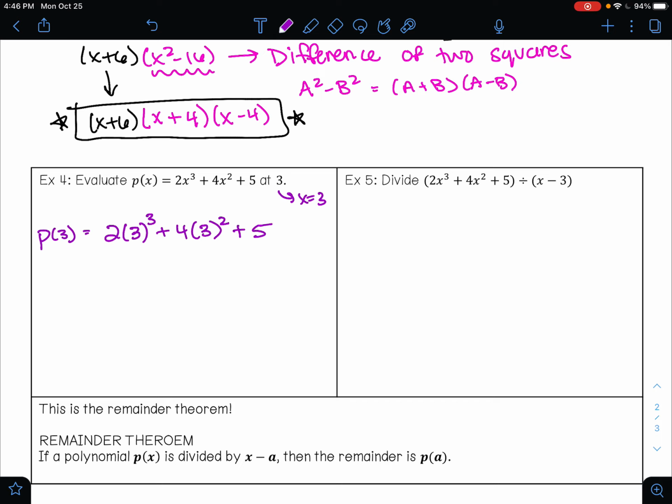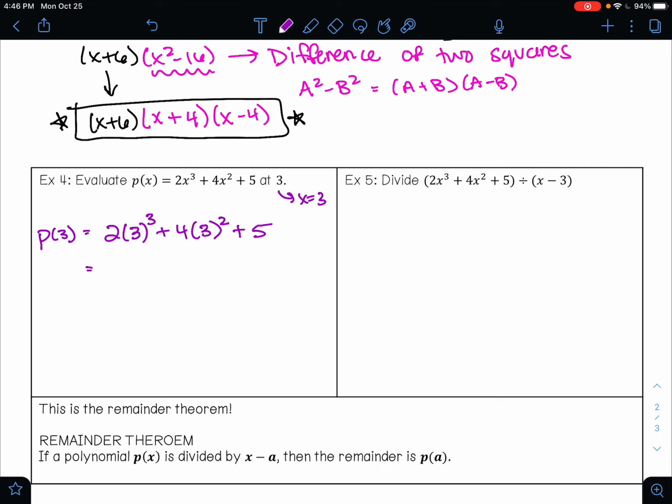Now go ahead and pause this video and evaluate this. Remember, p of 3, this is just function notation. We're just evaluating this side over here. You can either use a calculator or you can use the order of operations. Either way, you want to go ahead and figure out what this equals.